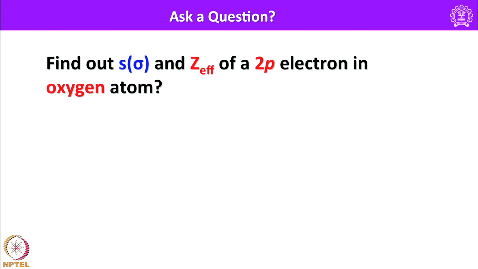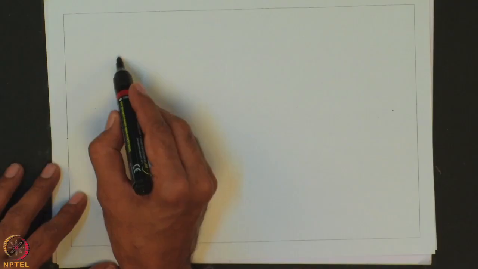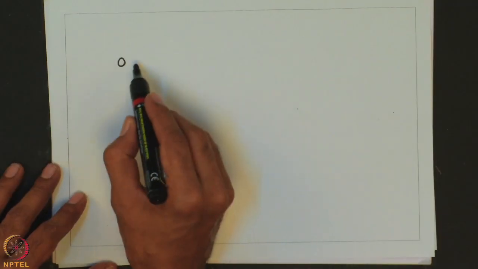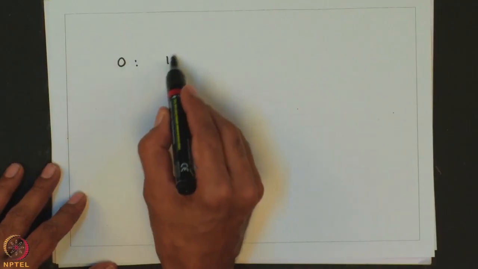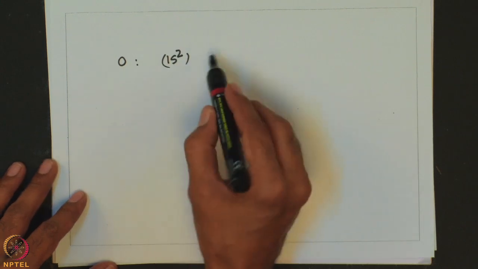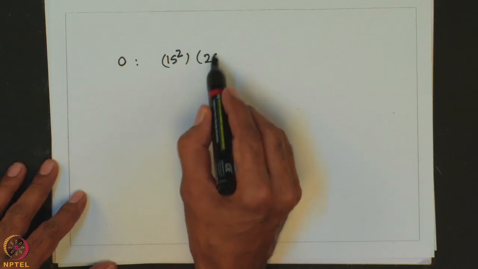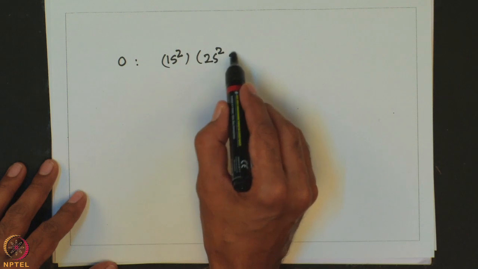Find out the screening constant or shielding constant and effective nuclear charge of a 2p electron in oxygen atom. For this, again we have to do the same exercise. First we should write the electronic configuration of oxygen, that is 1s2, 2s2 and 2p4.